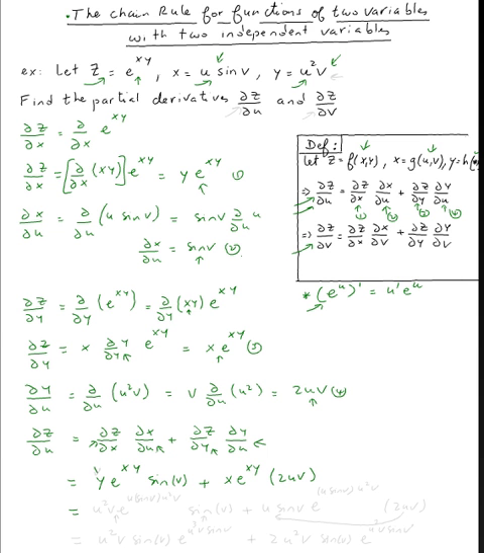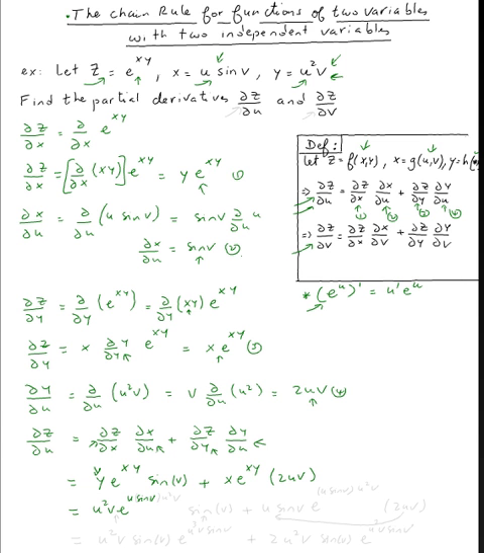So I'm going to replace y by its value right here. So this will be u squared v e to the xy. My x happens to be u sine v times y.